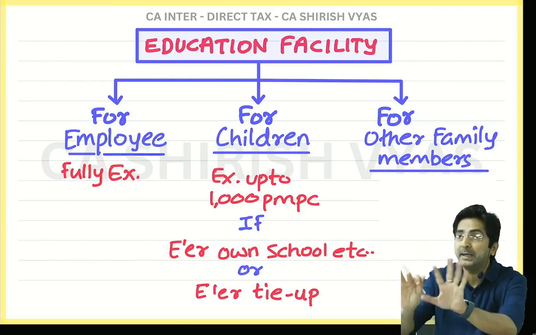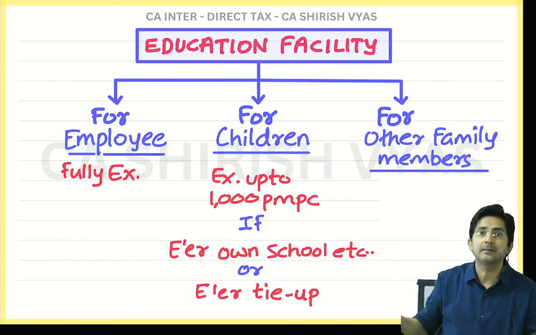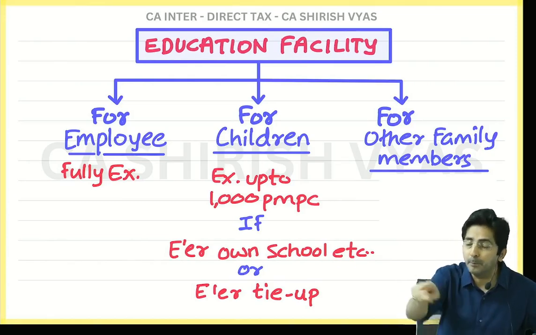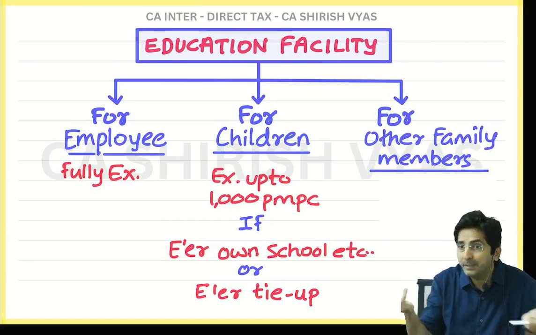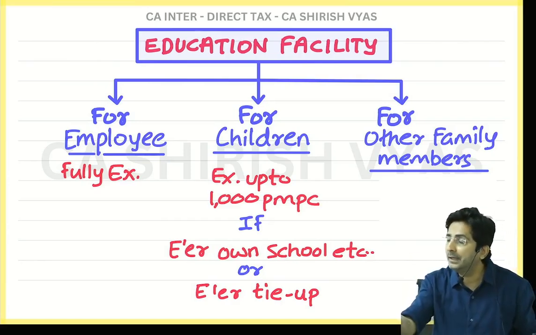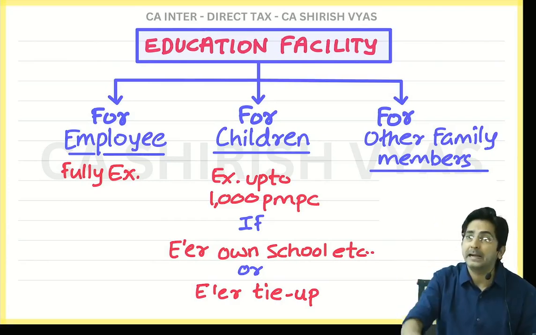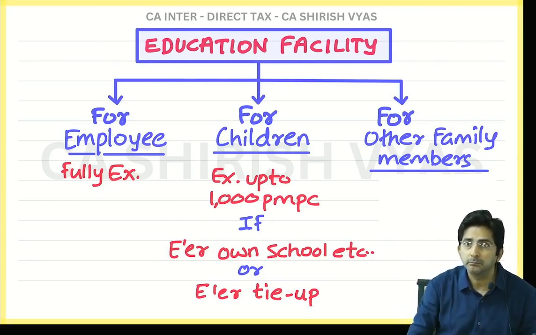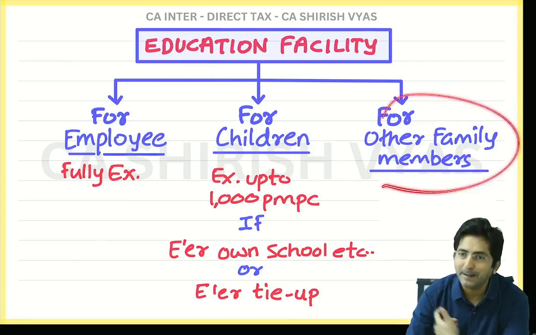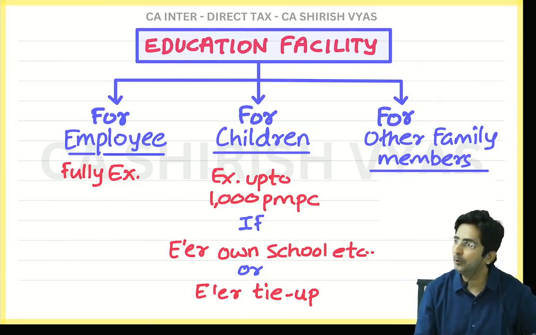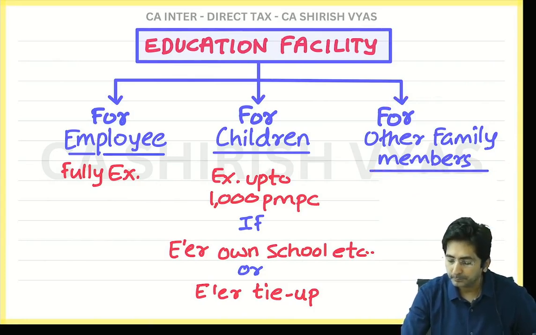If your expenditure is saved, it's also income. It's your wife, you should have paid the computer class fees, but you don't have to pay. So your money is saved, and money saved is like income. But it will be taxable because this is not normal. It's not a matter of wife only; for that matter, any family member, it will be taxable.